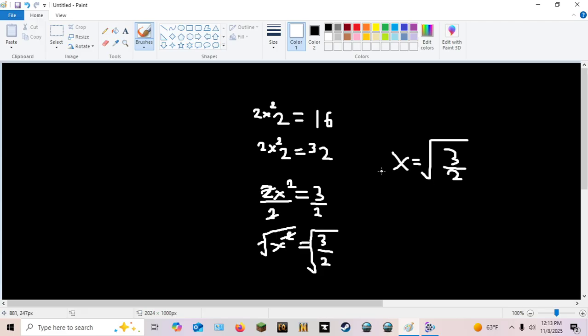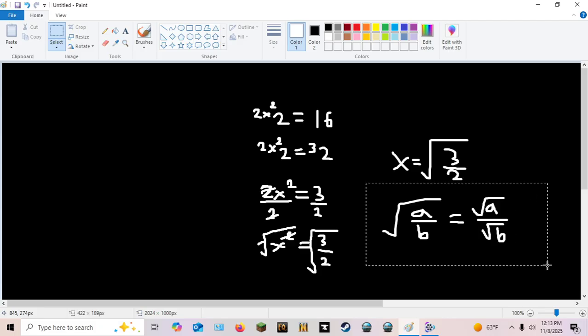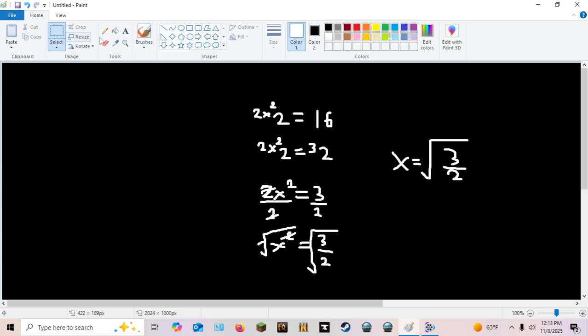Now, square root property. Square root of a over b is equal to square root of a over root b. You might learn square roots or radicals in another video.